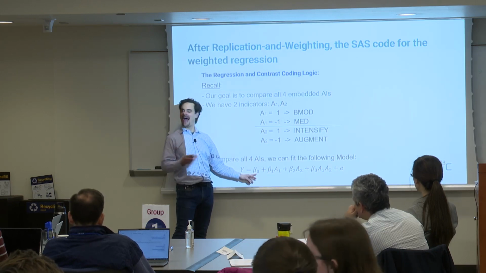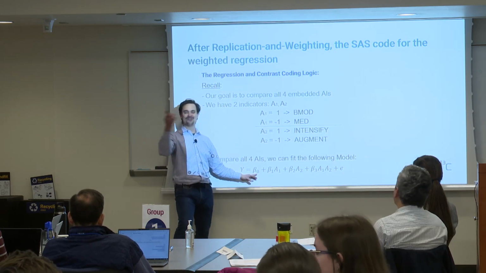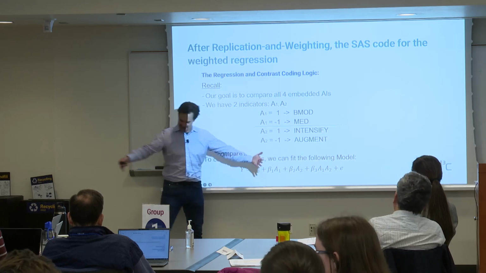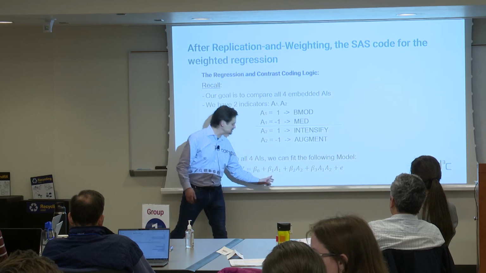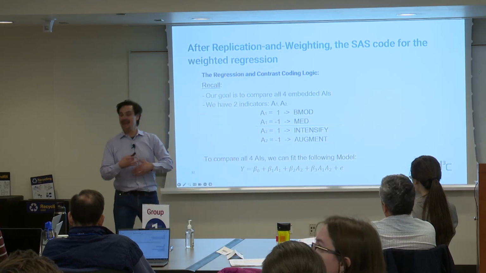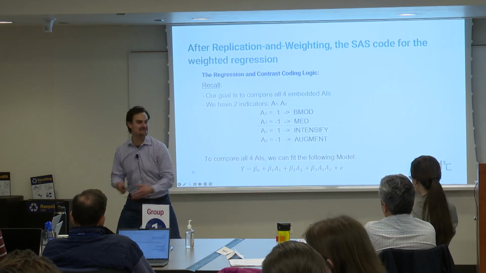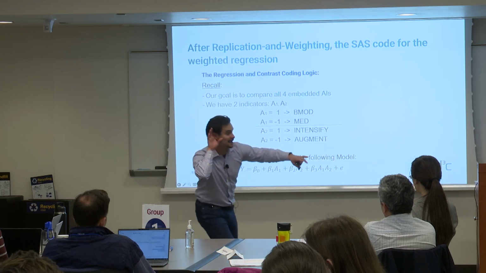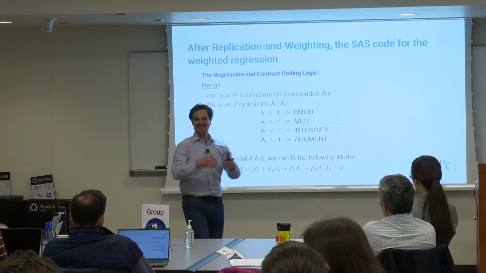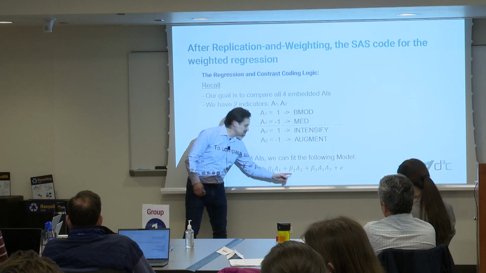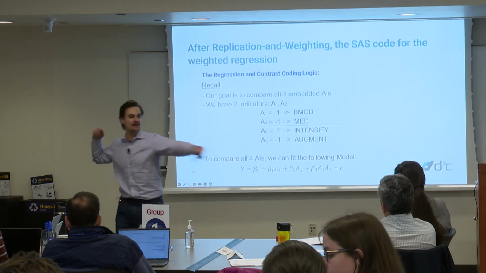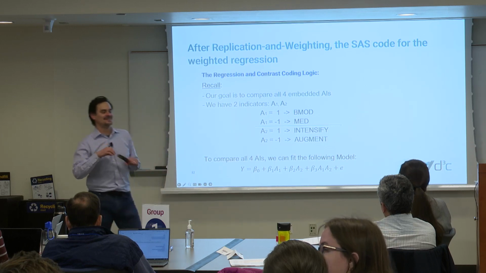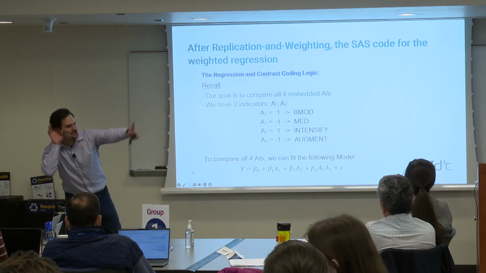It's just average school performance, averaging over all treatments. Take everybody in your study and just tell me what the average school performance is, beta 0. 2 times beta 1 is the main effect of B mod versus med. That is aim type 1. 2 times beta 2 is the main effect of augment versus intensify among non-responders, which is aim type 2.